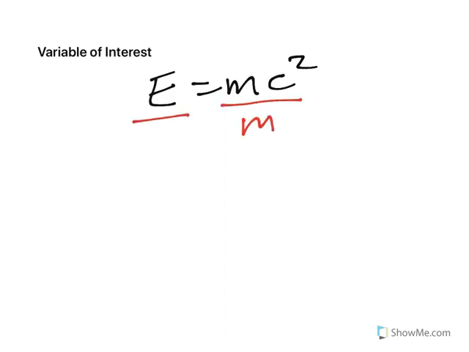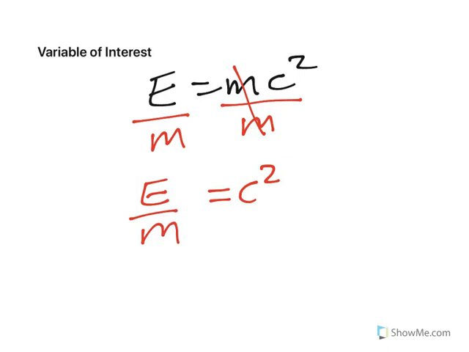Okay, so let me make some room here. We know Einstein's famous equation, E equals mc squared, and now I'm solving for c. So first I want to divide both sides by m. Okay, those cancel, and I get c squared is equal to energy divided by mass. But I don't want c squared, I want c.